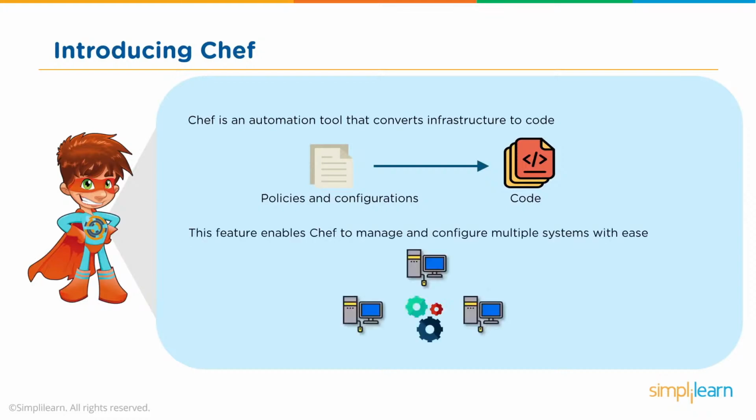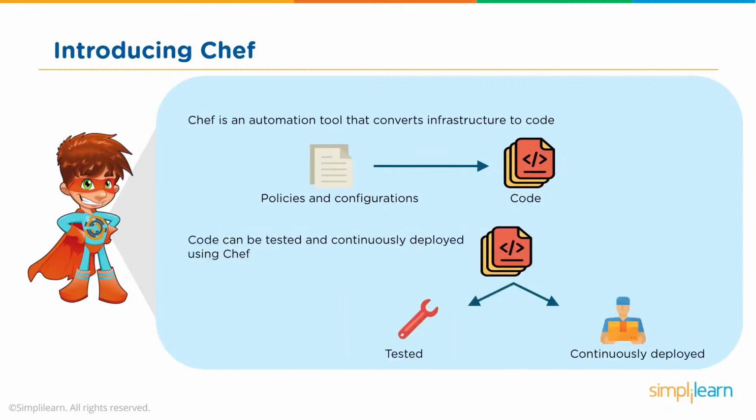This enables Chef to be able to manage multiple systems very easily. And considering how broad and deep our systems become, it's very easy to see how this can help you as a system administrator. The code is then tested continuously and deployed by Chef so that you're able to guarantee that your standards and appropriate states for your hardware and operating environment are always maintained.